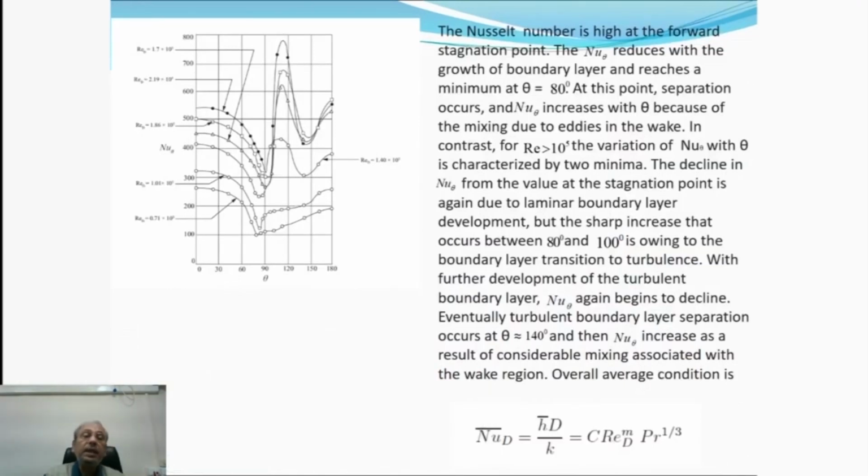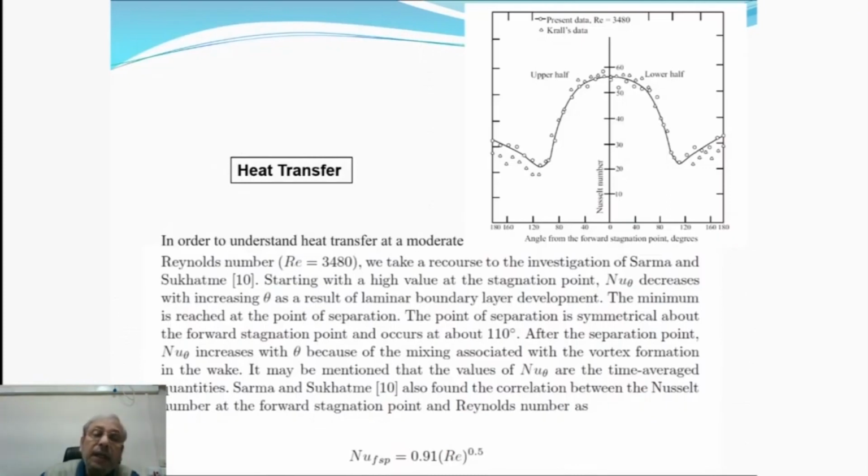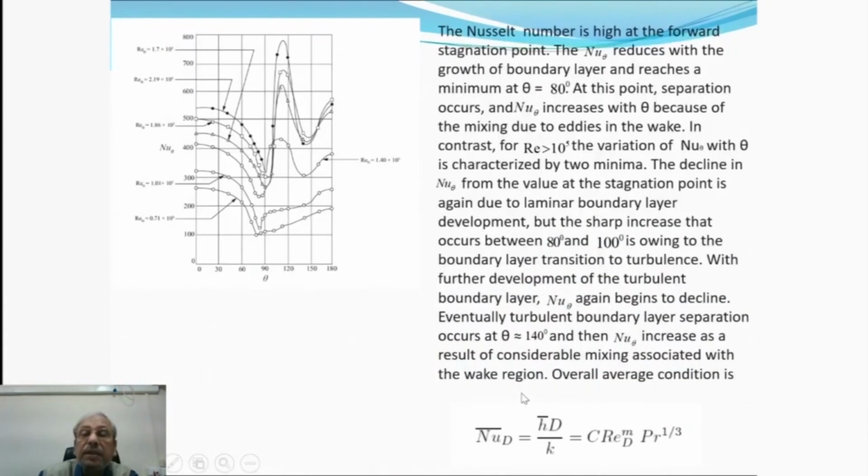Now we will see some experimental results for high Reynolds numbers. High means much higher than this 3480. These are all above 10,000 Reynolds numbers or even more. So Nusselt number is high at the forward stagnation point as usual. The Nu theta reduces with the growth of the boundary layer and reaches a minimum at 80 degree.